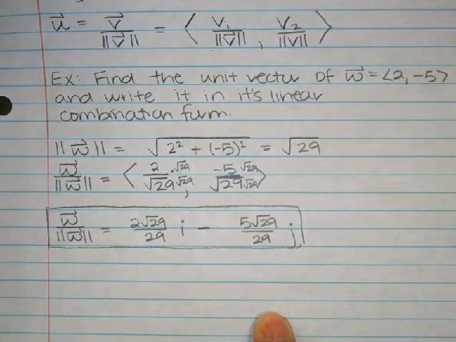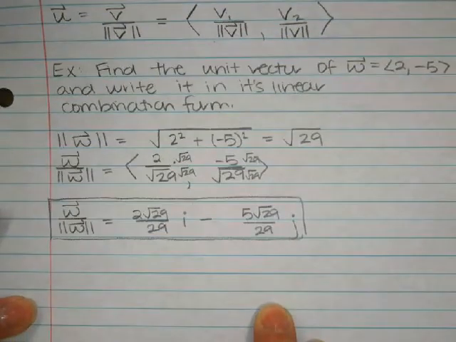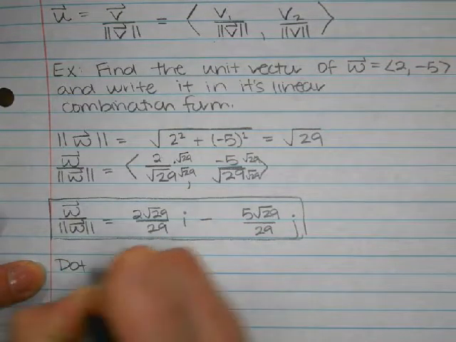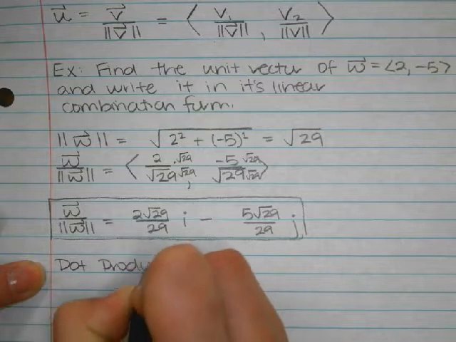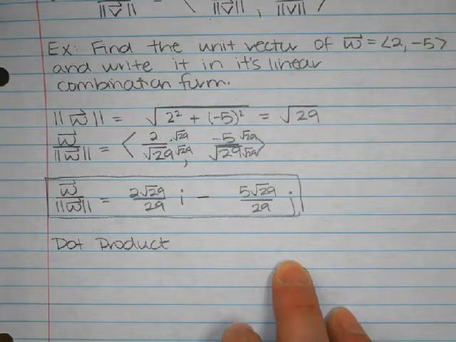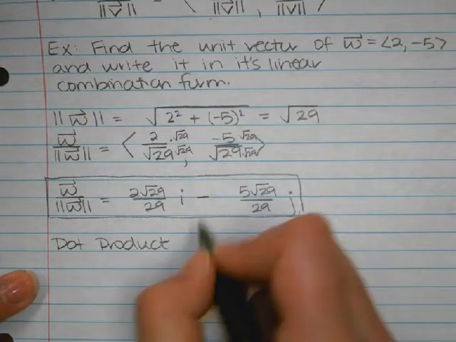Okay. We're also going to learn one more vector operation. This is called the dot product. You cannot multiply two vectors together in a conventional sense, so the dot product is basically the idea of vector multiplication.